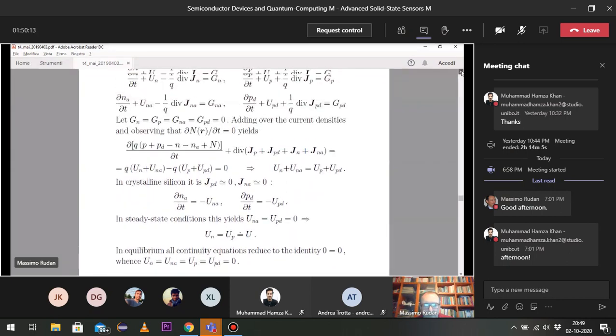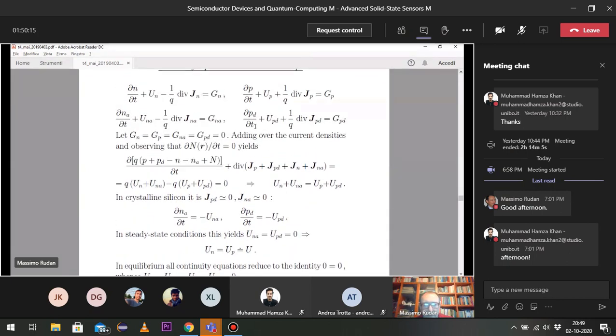So at this point, we neglect the currents, okay? Now look back at the two continuity equations in the second line. We neglected GNA and GPD. Now we are neglecting the currents because there is no tunnel of particles from one trap to another.